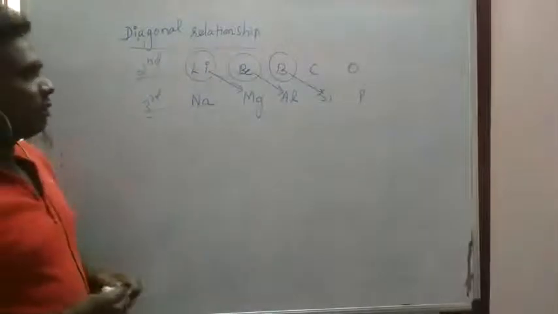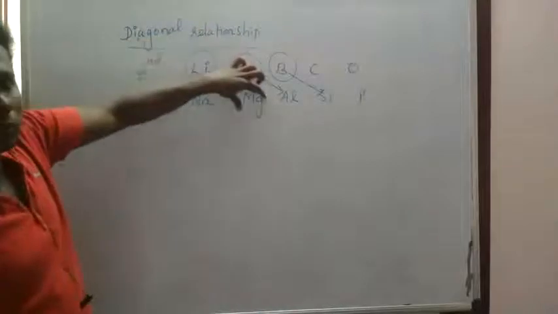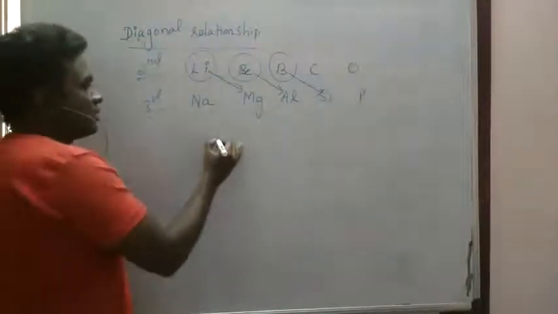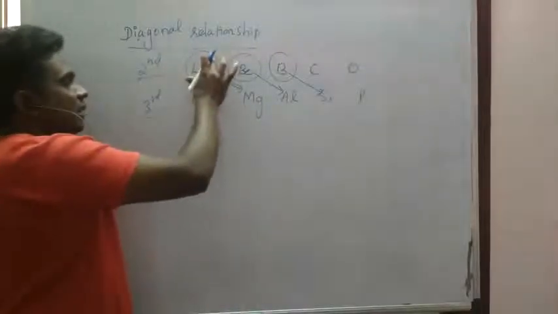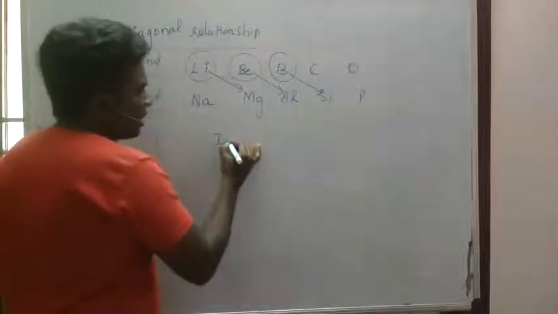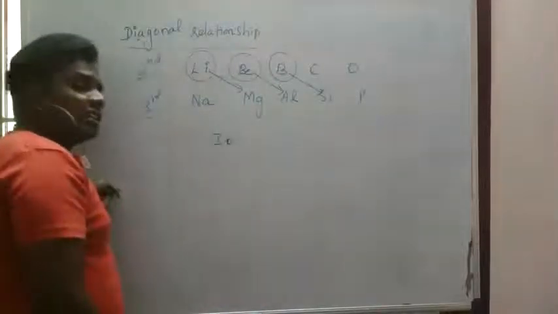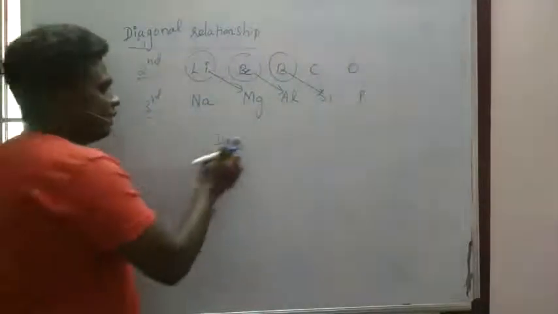So what are the properties there? Lithium and magnesium have almost equal ionization potential energy of the second period element and third period element. Sir, what is meant by ionization potential energy? That we will discuss in future.